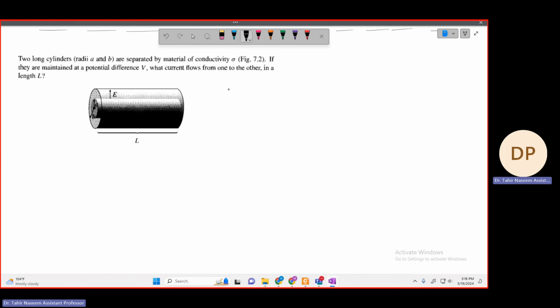So we have two cylinders whose radii are A and B. A is the inner cylinder radius. If you can see, it is written here, and maybe I can redraw if it is not that visible.